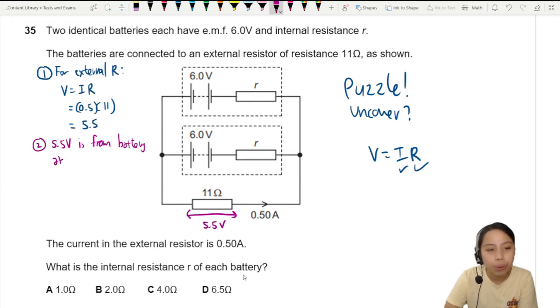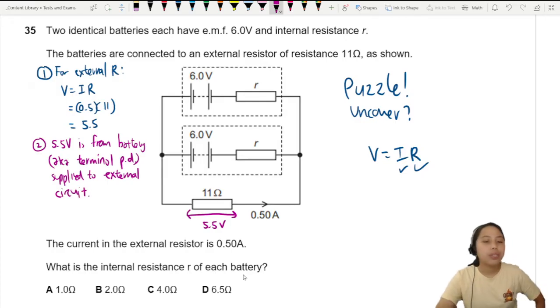It's also known as what we call the terminal potential difference, that's supplied to the external circuit. So that means this battery is giving me 5.5 volts.